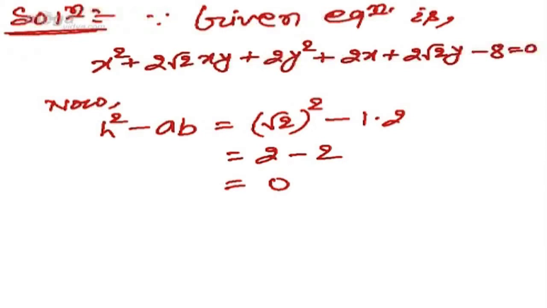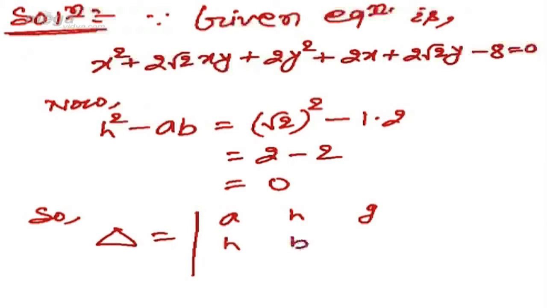If delta is equal to 0, then it will represent a pair of straight lines, and because h square minus ab is equal to 0, which we have already checked, it will represent a pair of parallel lines. So now we'll check the delta. Delta is the determinant with rows a h g, h b f, g f c.